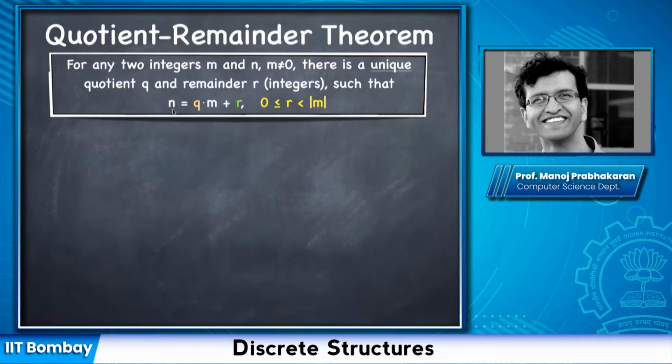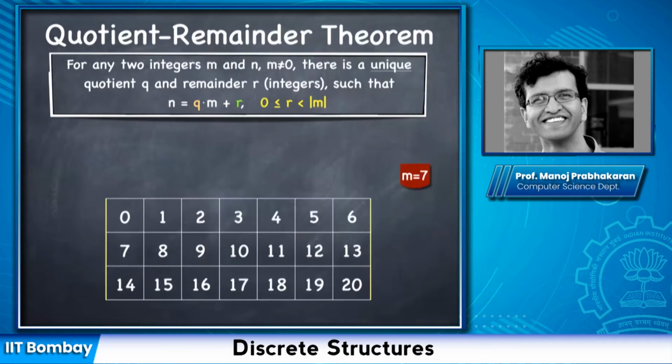So remember, any number n can be written as qm plus r, in terms of a quotient q and a remainder r, where r is strictly less than m. Here I'm considering positive m's, so r is in the range 0 to m minus 1.